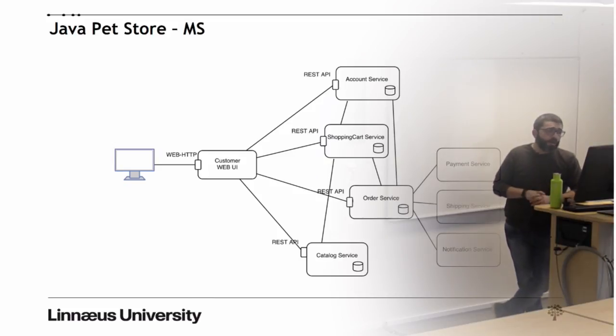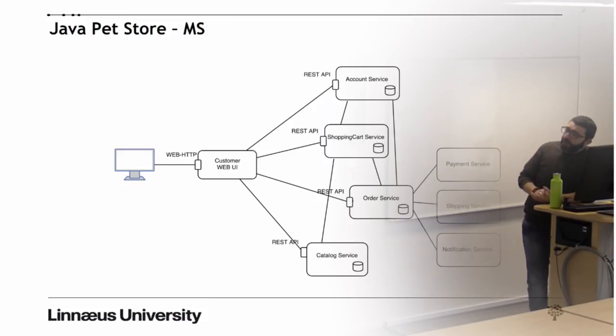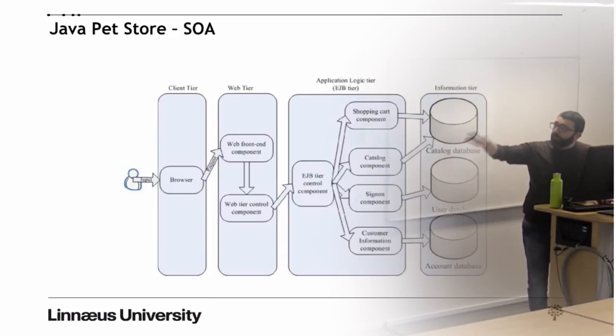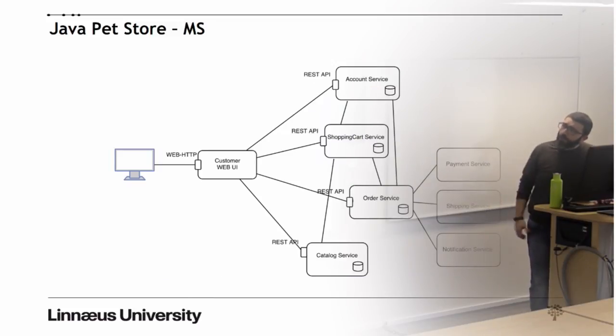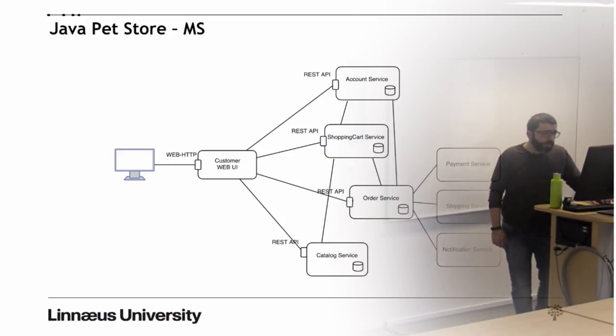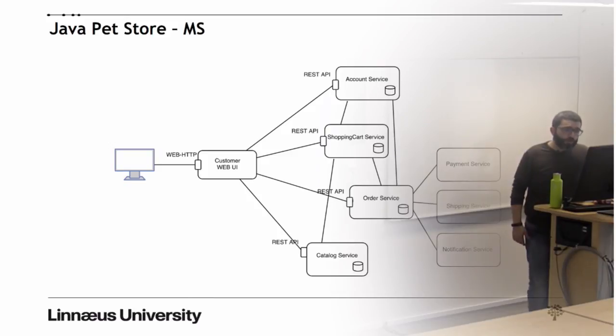Then it can be a notification service implemented by Telia, for example, that they are external. Then here we have the same set of functionalities provided by the Java Pet Store in the usual monolithic SOA style, and here we have the same set of functionalities but implemented by means of microservices.